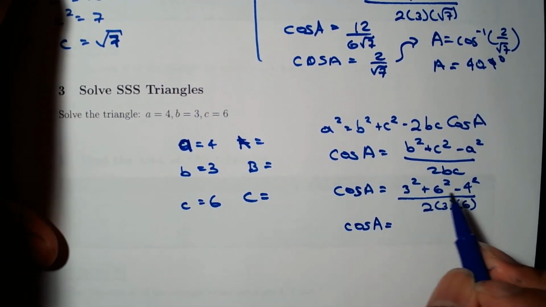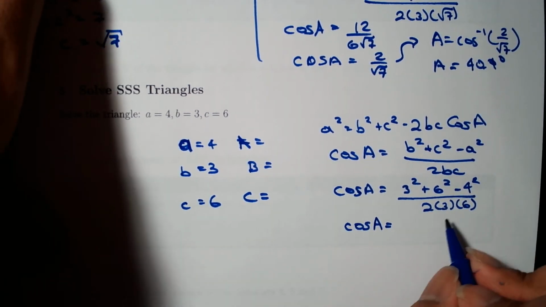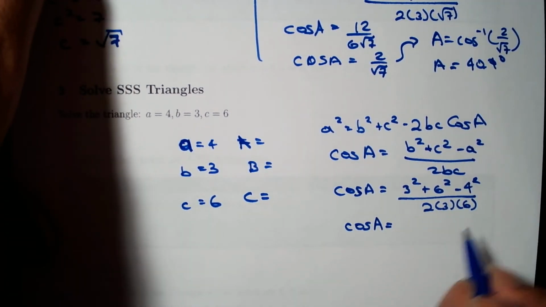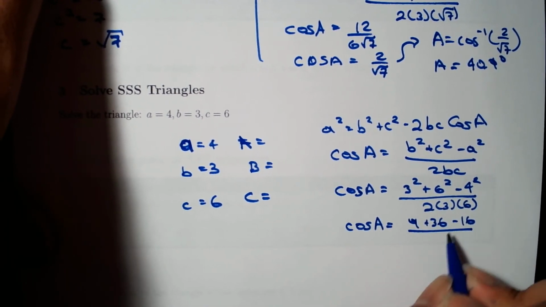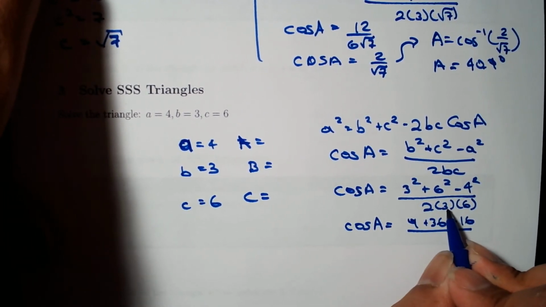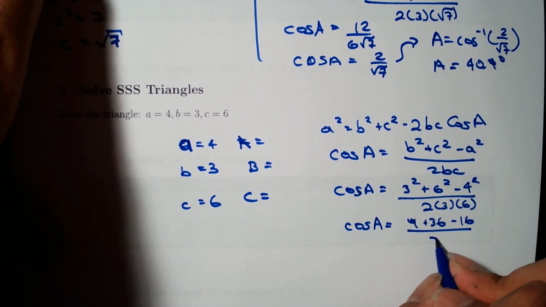So that's 9 plus 36 minus 16 over 2 times 3, which is 6, times 6 equals 36.